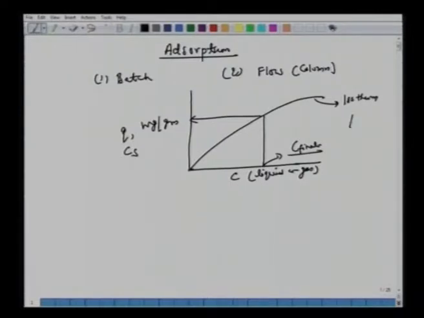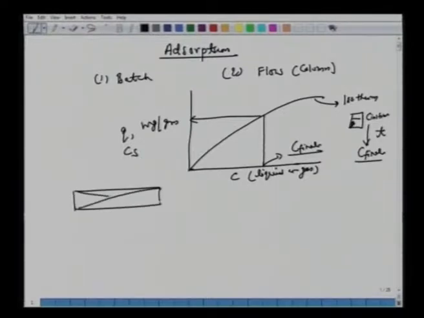Okay, so we started with some C initial and we have brought it in contact with some solids, the concentration will decrease after some time T, then this will become C final. Or if we do this flow experiment, when we have this packed bed, we bring it in contact with some C, let's say the same C as C final here, so this is the same as C inlet, and we monitor the profile here.